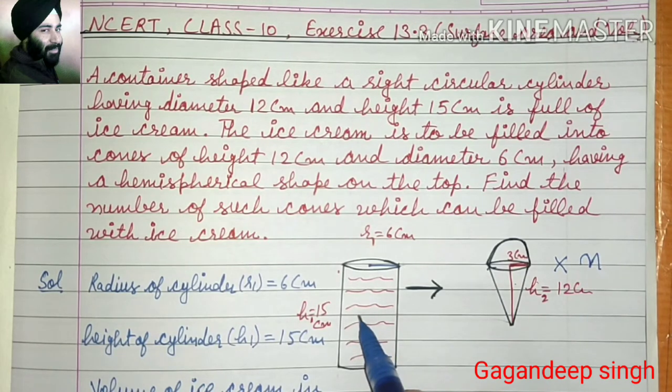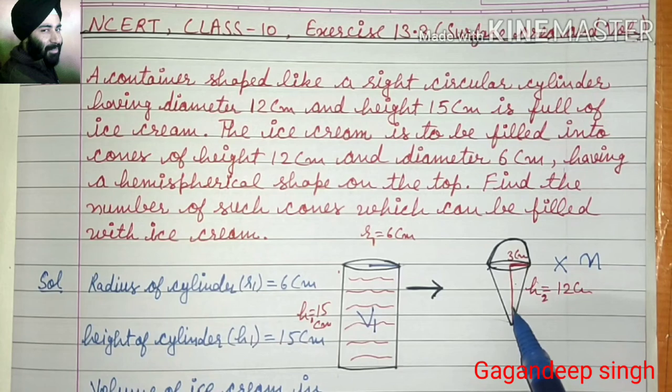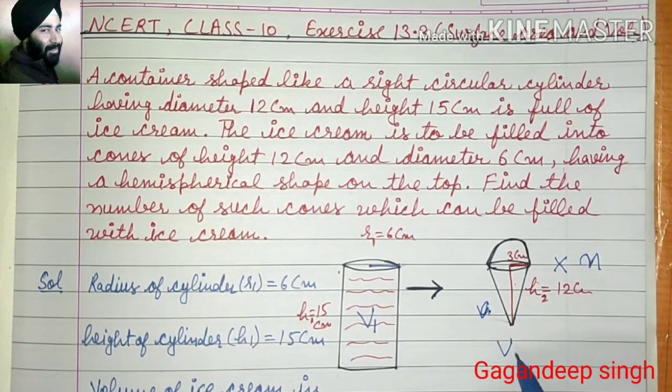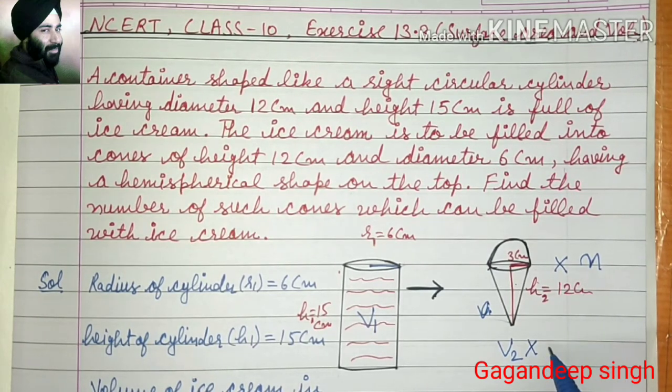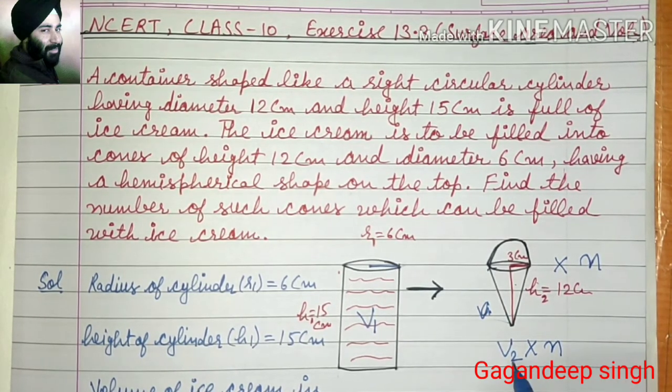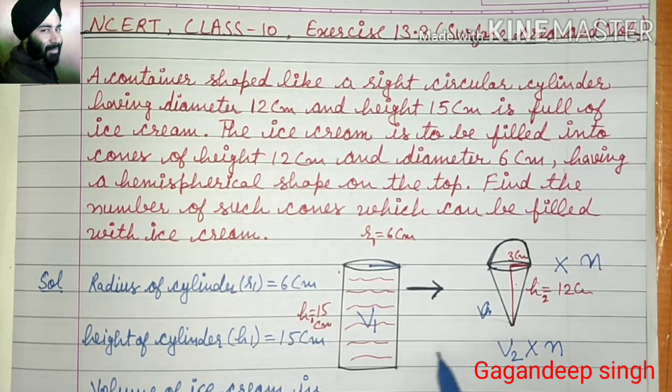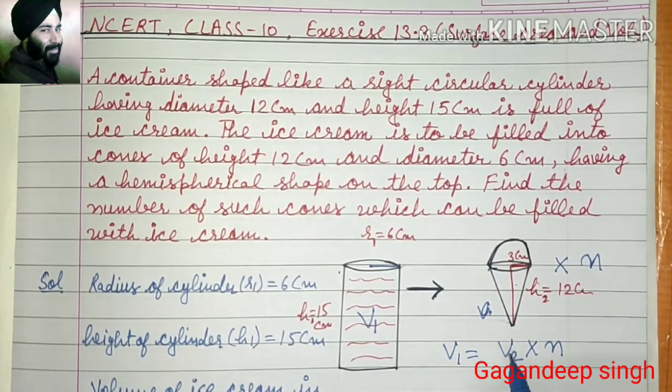Let volume of ice cream in container be V1 and volume of ice cream in one cone be V2, and there are n cones, so total ice cream in n cones will be V2 into n. So volume of ice cream in the cylindrical container will be equal to volume of ice cream in all cones.